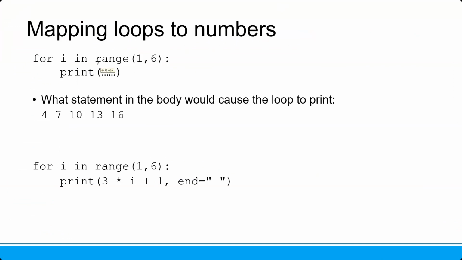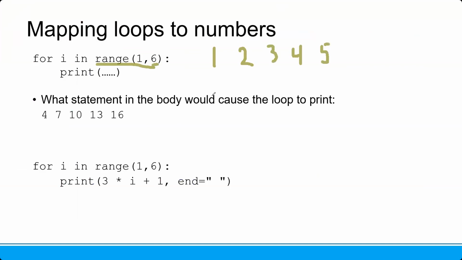If you look at this one, of course you know this is 5 numbers. Why 5? Because we start from 1 and the ending number is 6 minus 1. So it means 1, 2, 3, 4 until 5. So there will be 5 numbers.